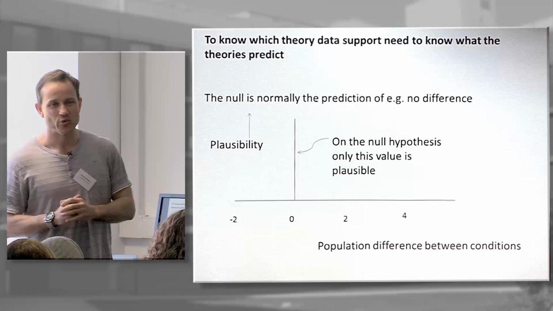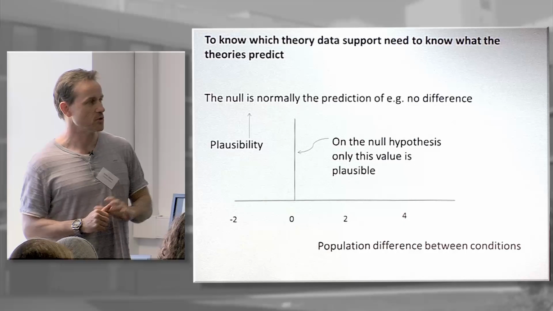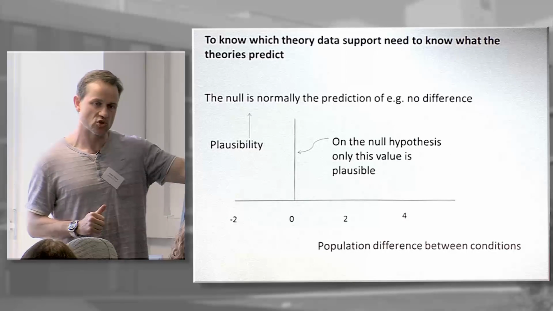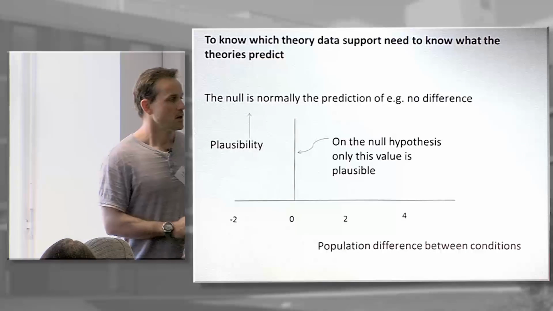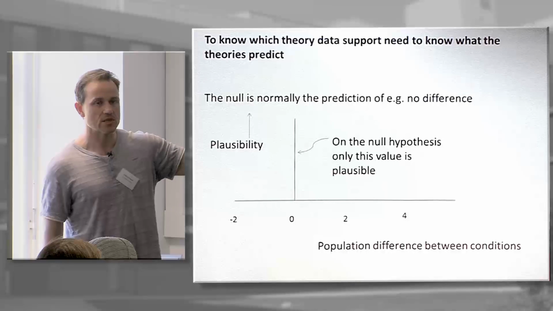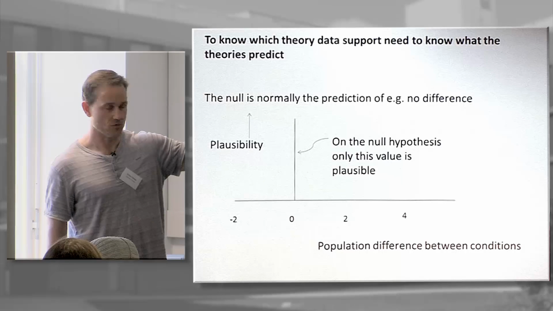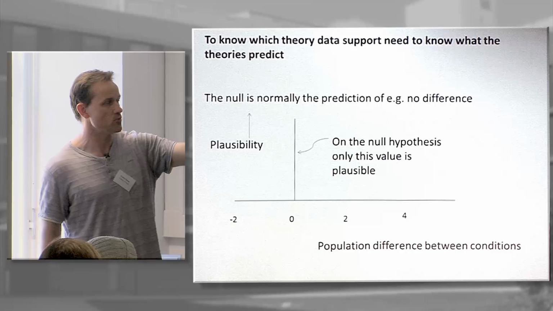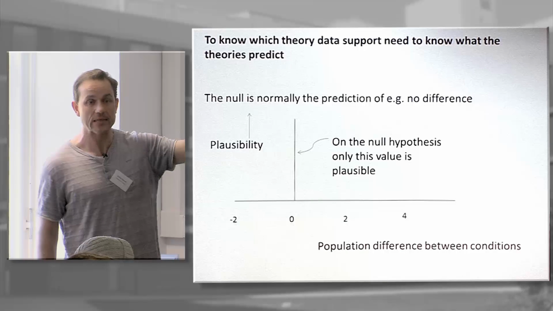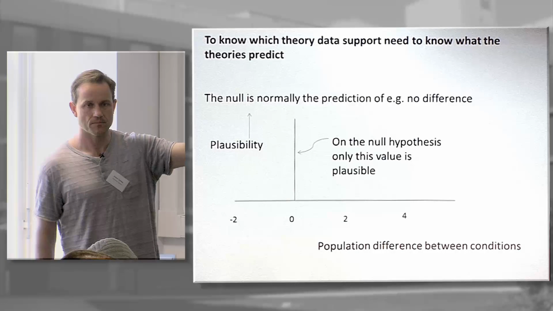So now, with the null hypothesis, we know what it predicts, and I'm just illustrating there one way of representing what it predicts. On the y-axis is the plausibility of different population values, and at the bottom there are different possible population mean differences between conditions.